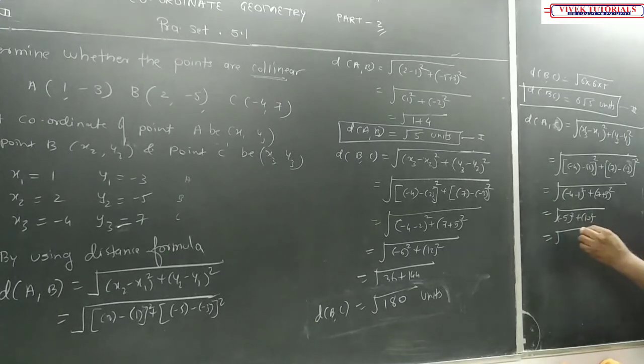Under root, we are getting what? This is 25 plus 100. That is 125.